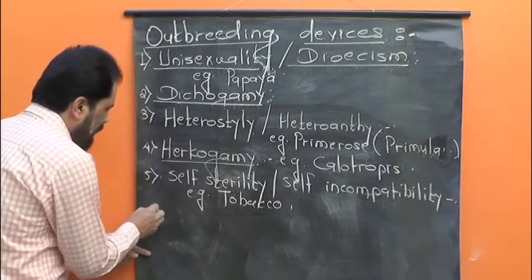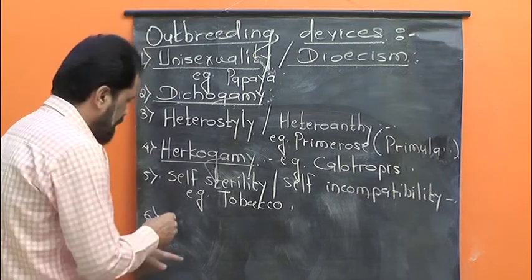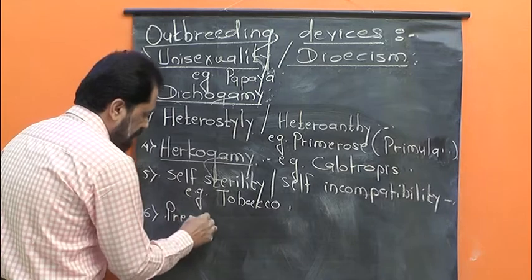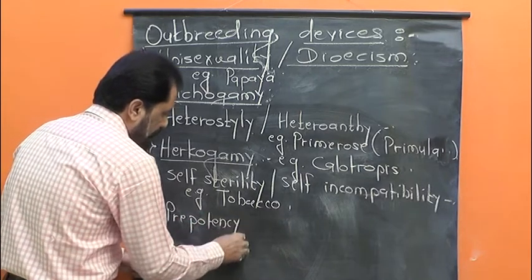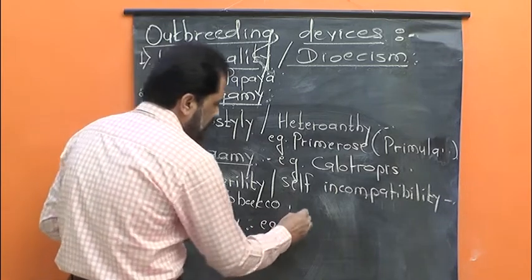And now come to the last outbreeding device, that is prepotency. Say, for example, apple.